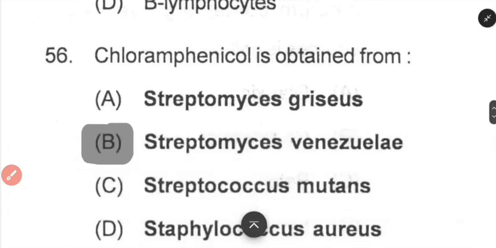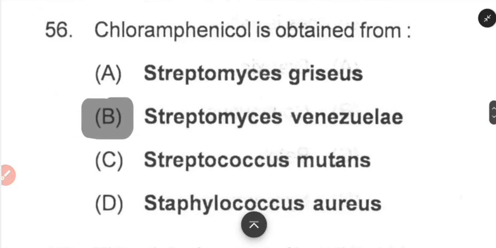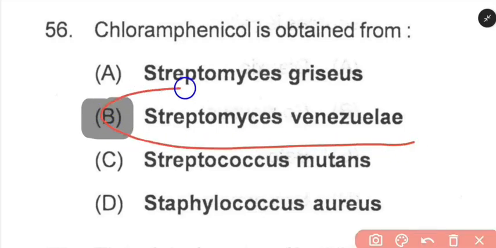Then chloramphenicol is obtained from Streptomyces venezuelae. We produce chloramphenicol by using which bacteria? That is Streptomyces venezuelae.